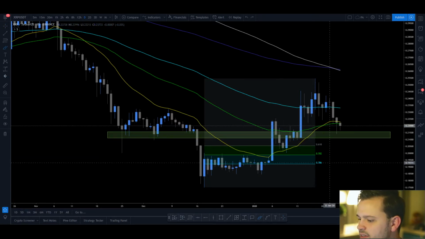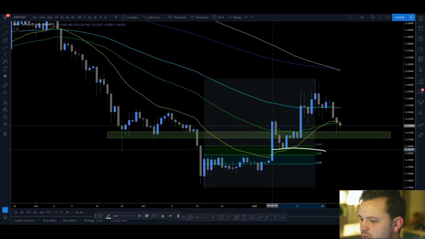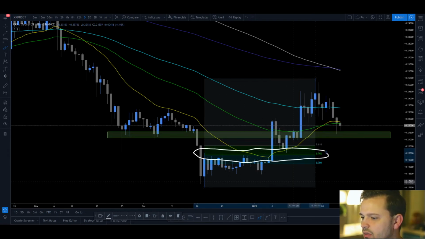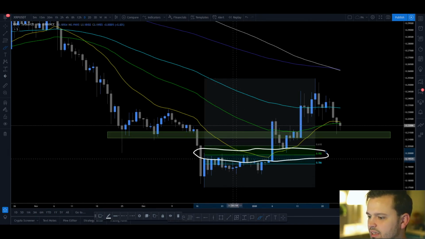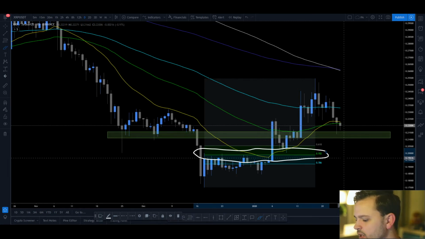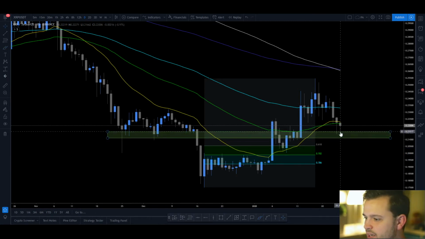So what I would like to see is for price to come down and actually test this area right here, the midpoint of the RLC. As you can see, it acted as resistance here, broke above support, and that was the move that took us up here. So I would like to see if price can bounce in this area. We need to see the 21 EMA getting reclaimed while still trading above the 55 EMA.